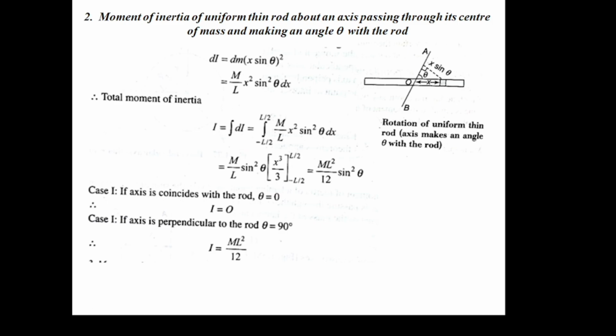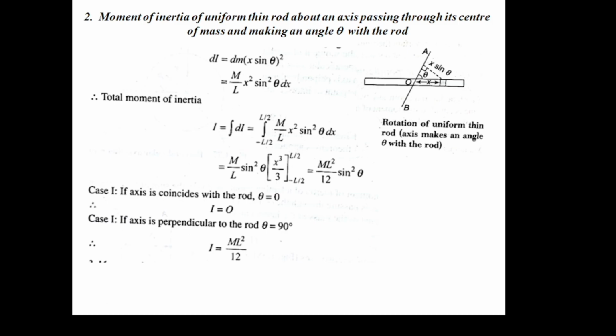Now the second case is the moment of inertia of a uniform thin rod about an axis passing through its center of mass and making an angle theta with the rod. That means this fixed axis is having an angle with this rod.